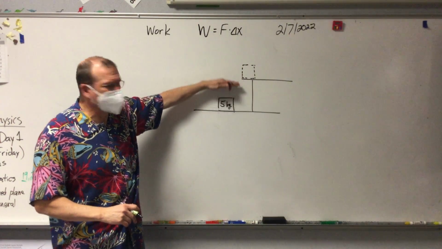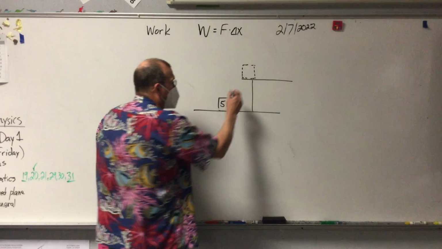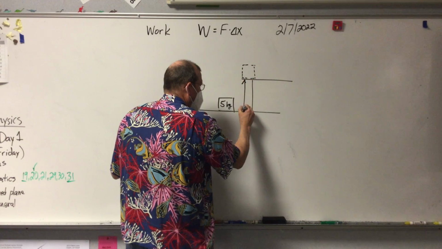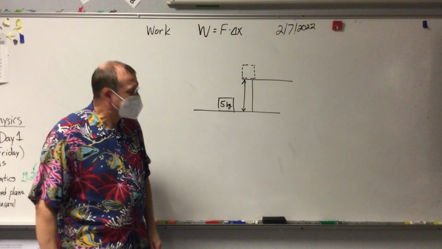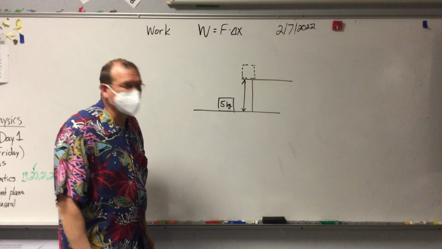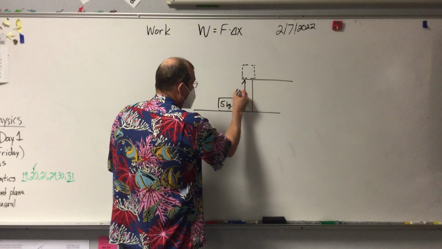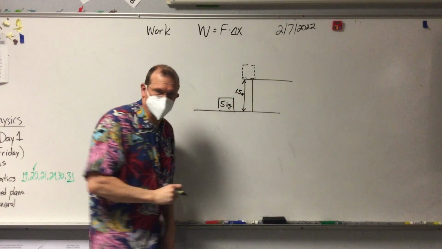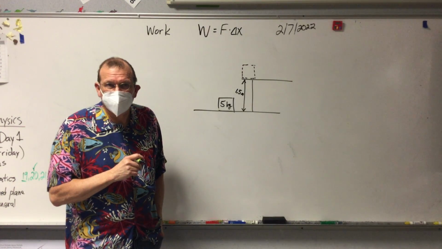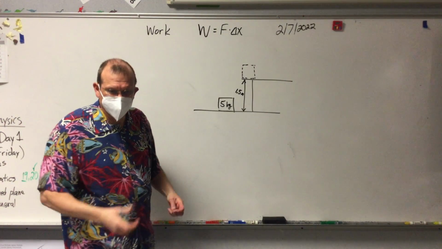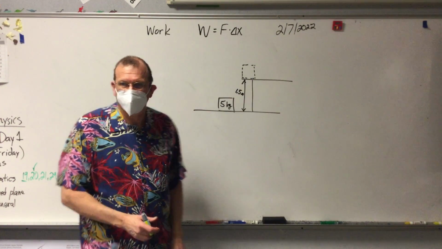So all I'm worried about is lifting it this distance. And let's say it's a pretty tall table. So let's say it's 1.5 meters. So what I want to do is calculate how much work do I do lifting the books up so that I can set them on the table.